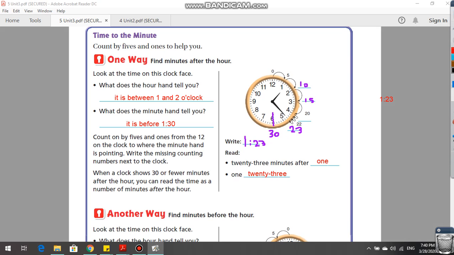It's between 1 and 2. Then I'm going to look at the minute hand. It's before 30. So it's 1:23. I'm going to skip count by 5, then I will stop if I can't complete skip counting by 5, and I will skip count by 1. So it's 23 minutes after 1, or 1:23.